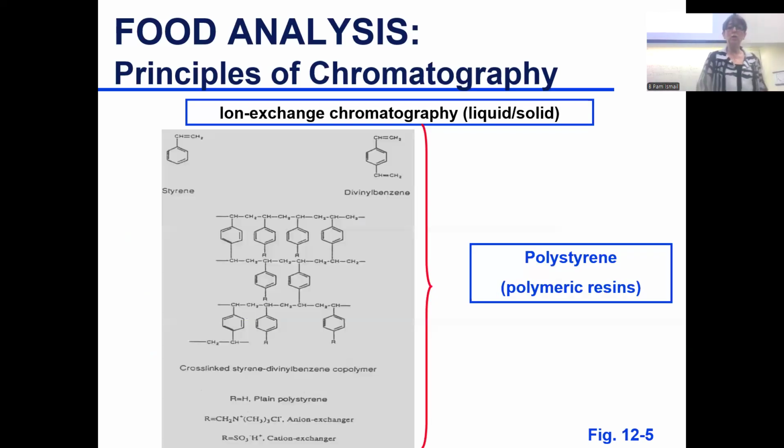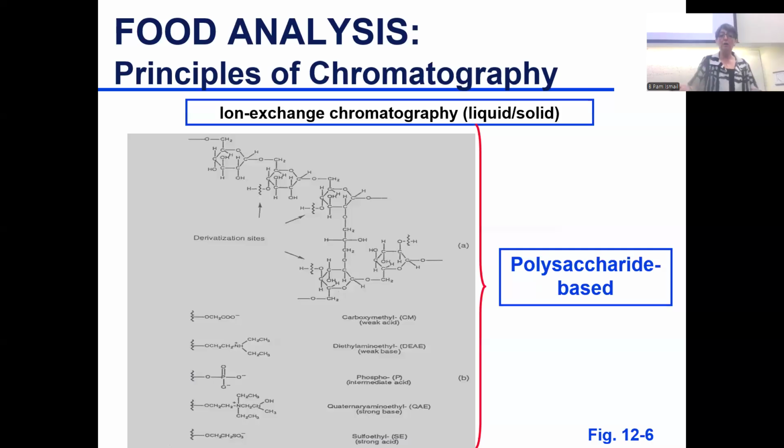So there are two types of resins or polymers used in ion chromatography. Polystyrene polymeric resin, a polymer made with divinyl benzene and styrene. It's not very common. What is more common is the polysaccharide-based resin.